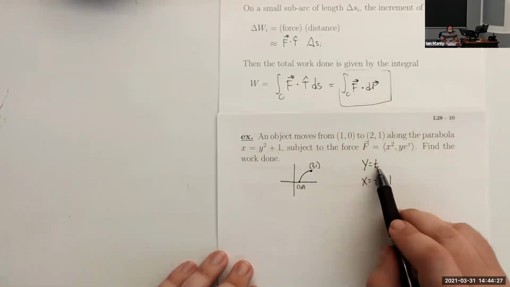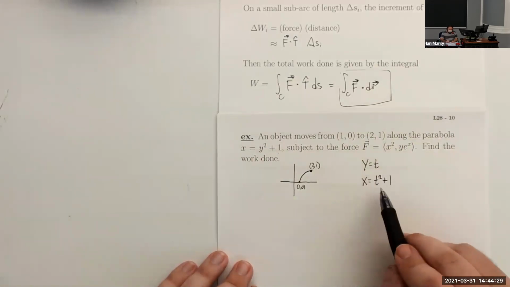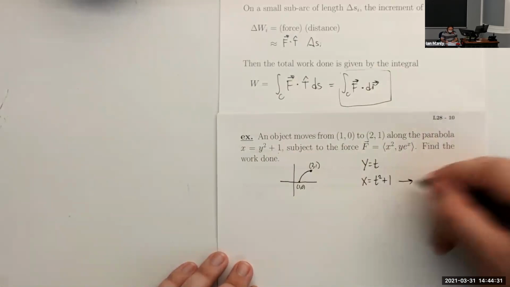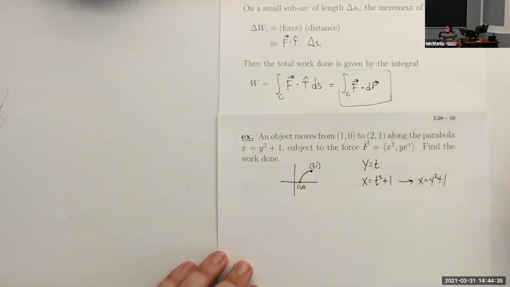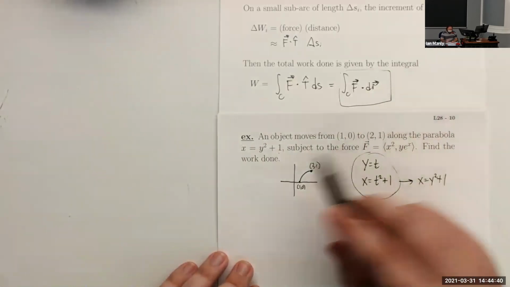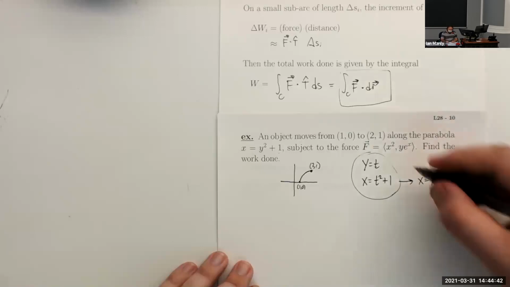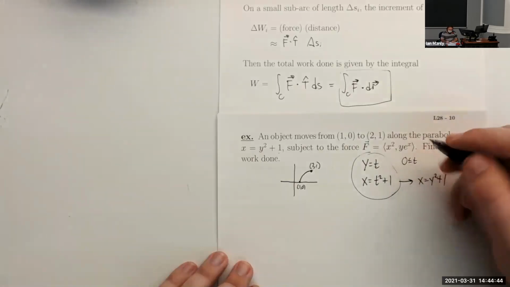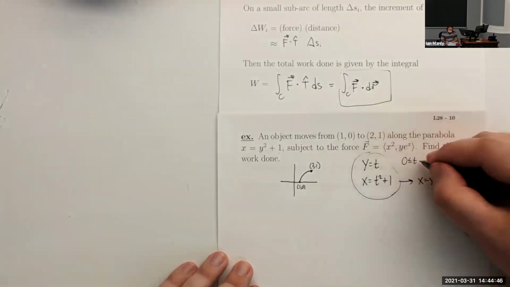So in this case, y of t is t, and x of t is t squared plus 1, because you could easily substitute the y into that and you have y squared plus 1. So this is definitely a parameterization for this parabola, and it looks like we're going from t is 0 to t is 1.